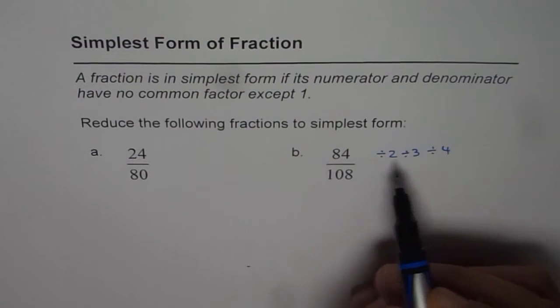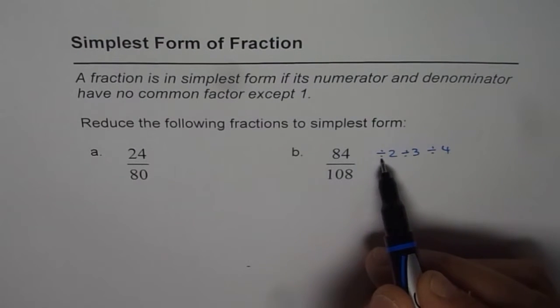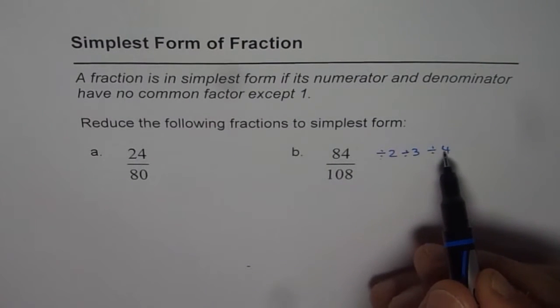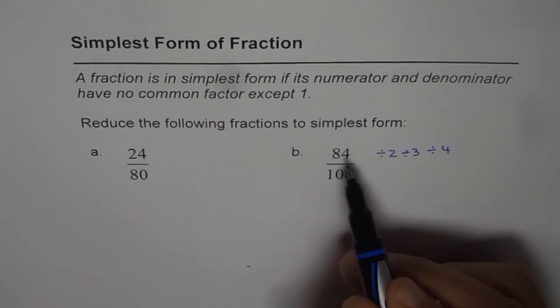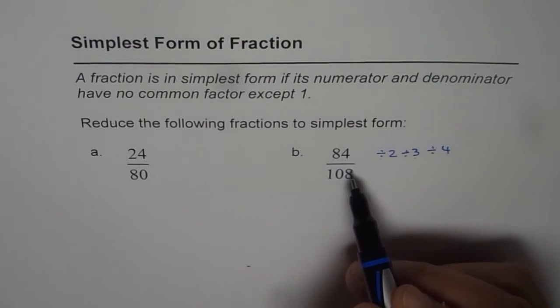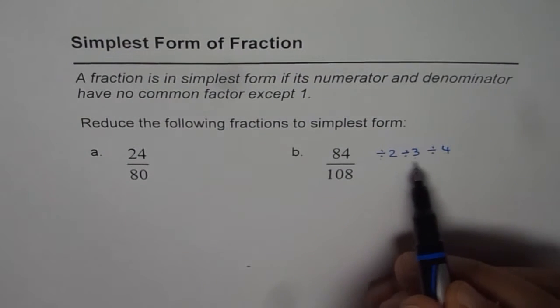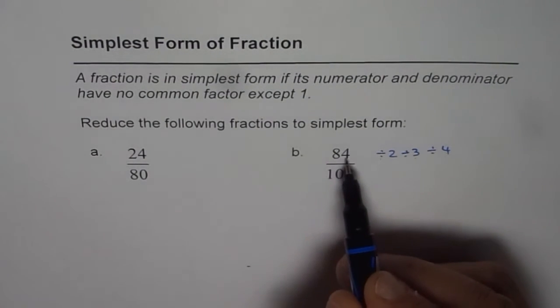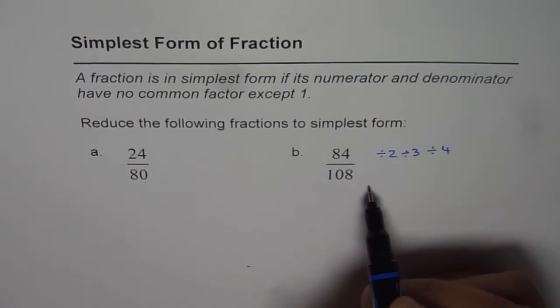Now we can do it in steps also. We can divide by 2, then by 3, again by 2, right? Or we can divide by 3 first and then by 4, or we can divide by 12. So either way, we can reduce this fraction to the simplest form. So those are the different ways we can do it. I'll appreciate if you divide it by 12 and see if you get the same answer or not.